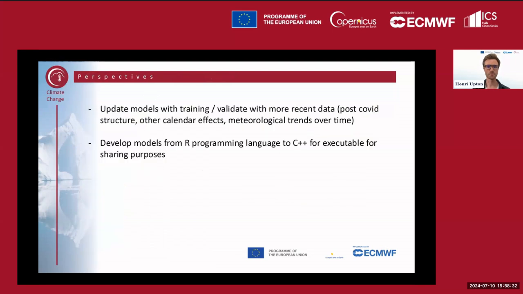And to finish, the next step for us is to update models with training and validation sets that are more recent, because as we see, we took pre-COVID demand data. We want to take into account the new structure of the demand, because we know that COVID changed a lot the structure of the electricity demand.